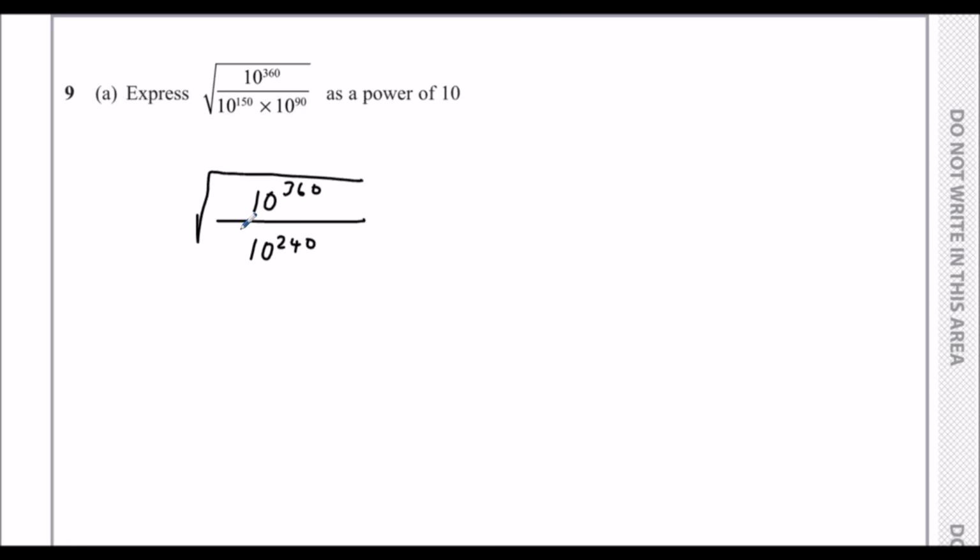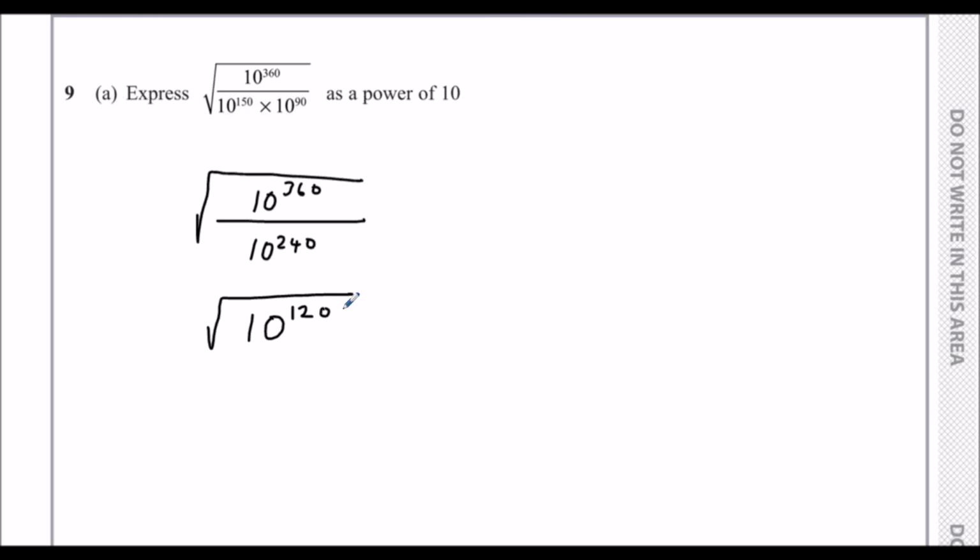So we've got the square root of 10 to the power of 360 divided by 10 to the power of 240. When we divide indices, we take the powers away. 360 take away 240 is 120. So we've got the square root of 10 to the power of 120.